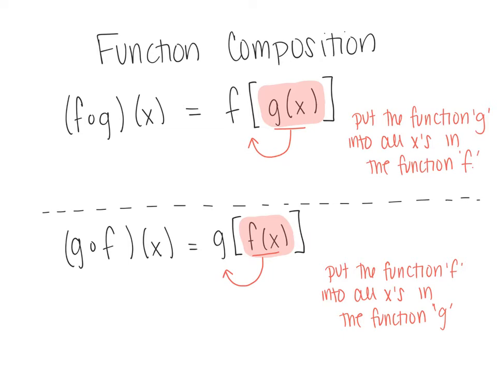It's going to have some x's in there. And then g of f of x is just the opposite. You take f and you put it into g. So you put function f into all the x's in function g. So what you have to remember with function composition is you always go to the inside first. You do that, and then you move out.